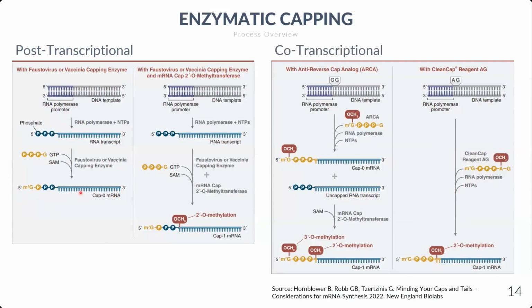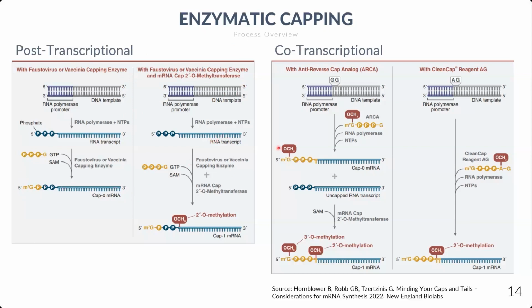Once you deliver this, if it is not present, not only does it degrade the mRNA, but it obviously reduces your therapeutic potential. So the first way to do it is post-transcriptional. Once the mRNA has been transcribed by the T7 RNA polymerase, you use additional engineered enzymes, either Faustovirus or vaccinia capping enzymes, to add this additional phosphate conjugated to methylguanosine.